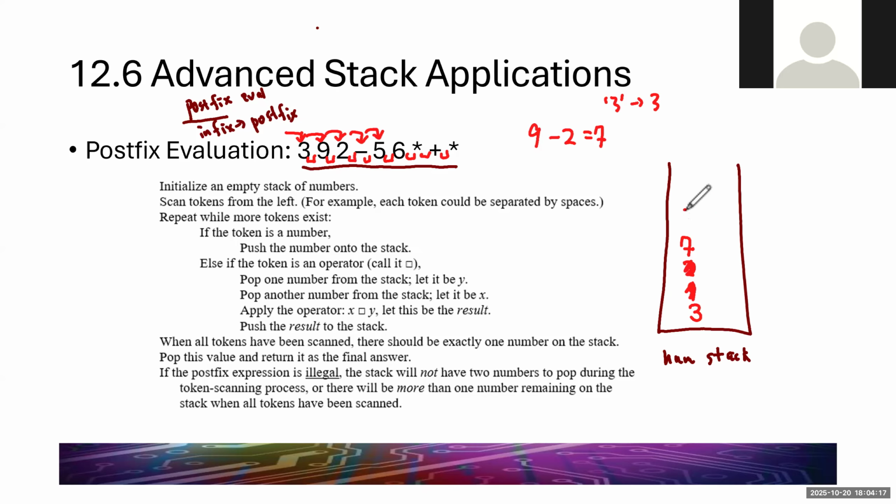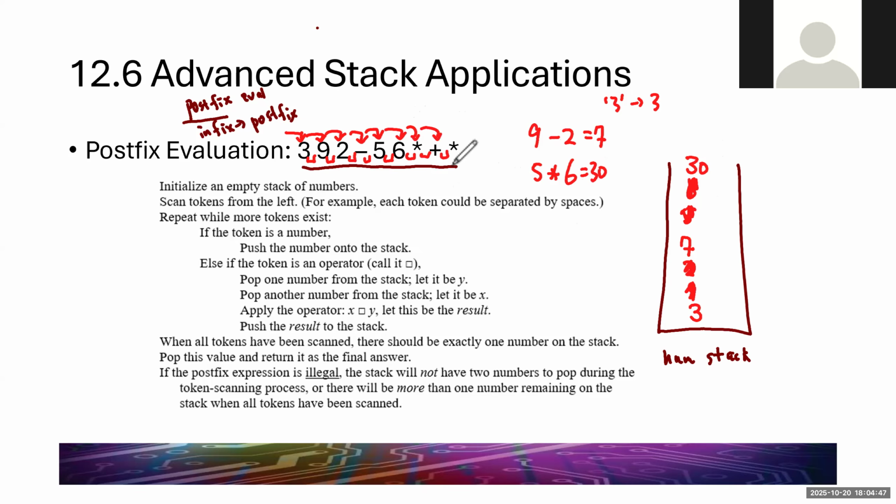If it's a number, I push it to the stack. 6 is a number, so I push it to the stack. Next is an operator, so I pop the two numbers out. The first goes to the right of the operator and the second to the left. I calculate 30 and push it back to the stack.